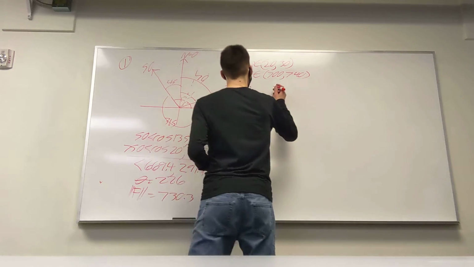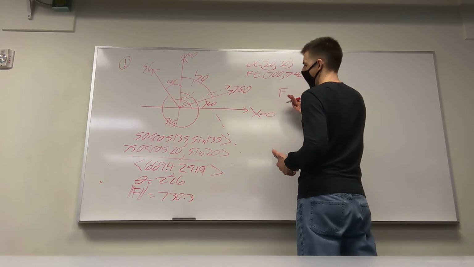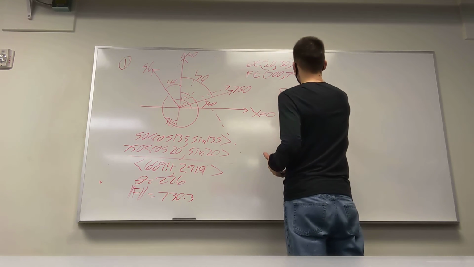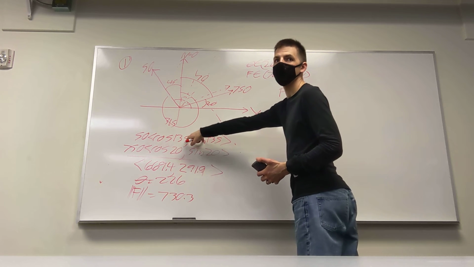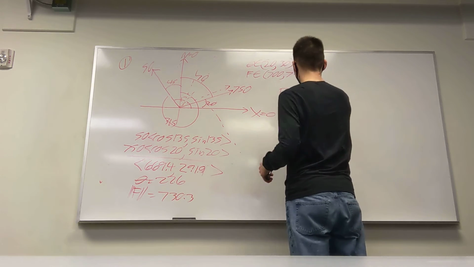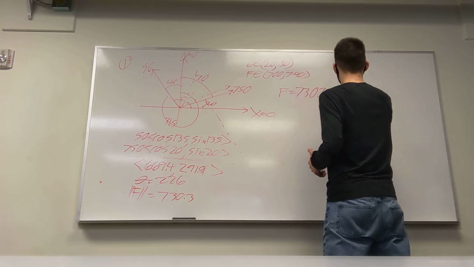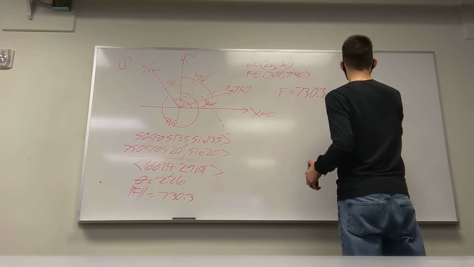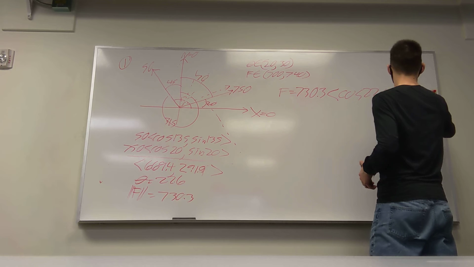So my new airplane vector, the direction and magnitude that it's going, if I want to write it this way, is the force of 730.3 times the vector cosine 22.6, sine 22.6.